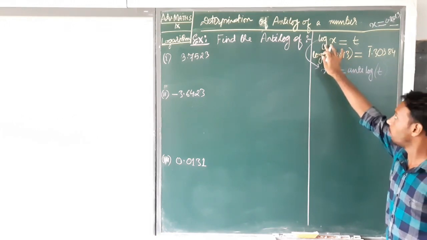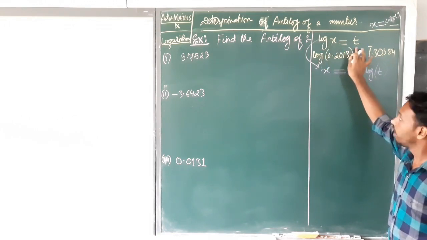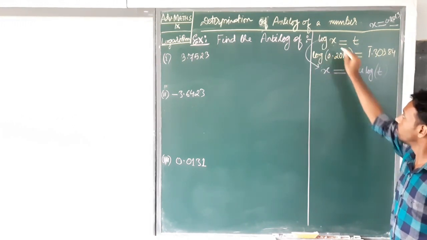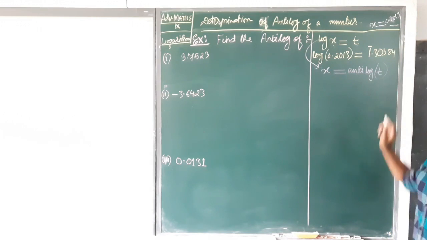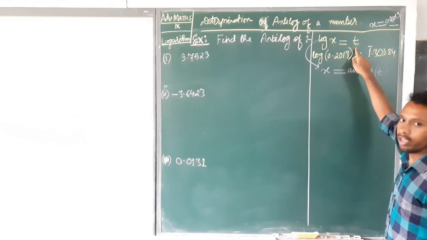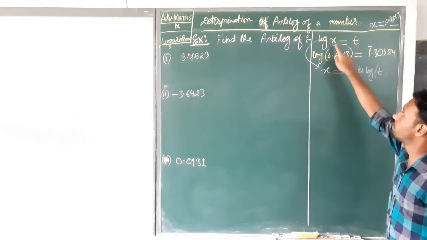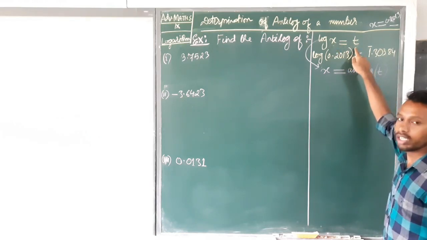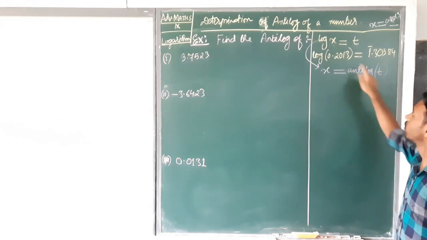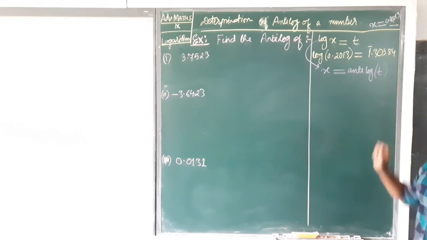See, if we have log of x equal to t, in the next line we can write x equal to antilog of t. If we need to find out the value of x and we know the value of t, then we write the next line as x equal to antilog of t. This log becomes antilog of t.